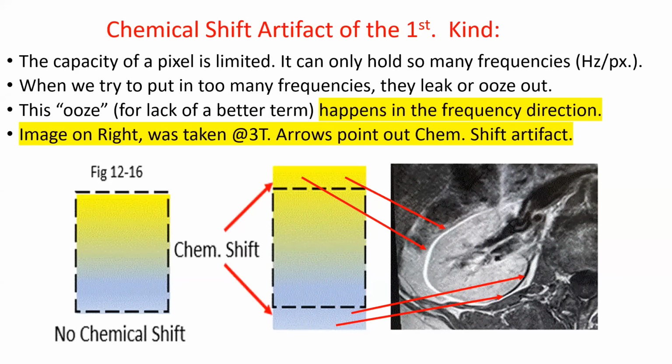You see this chemical shift at fat water interfaces. So the kidney is a lot of water and it's surrounded by fat, so it's classic to see it around the kidneys. You get a black line on one side of your image and a white line on the other. That's classic chemical shift because you're trying to put too many frequencies in one pixel. Maybe the way to fix that is going to be to widen your receiver bandwidth, and that will lessen the artifact.